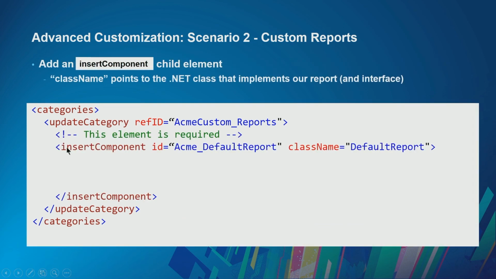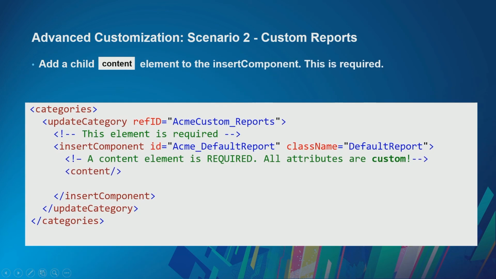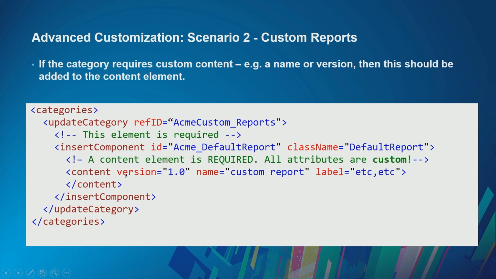Here I'm using the insert component element, setting the ID attribute, and the important attribute is the class name attribute. It is set to DefaultReport. So the DefaultReport needs to implement the ICustom interface. And of course, we have the content child element with the version, name, and other optional properties.